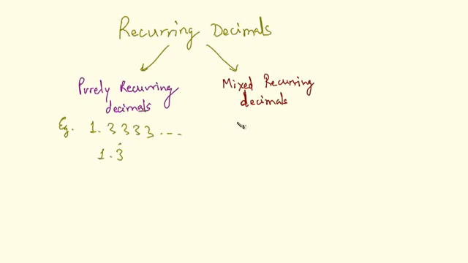An example of mixed recurring decimals is 1.7, then we have 2, then we have 3, 3, 3, 3. So in this case 7 and 2 are not repeating, but the digit 3 is repeating forever. So it is written as 1.723 with a dot over the head of 3.